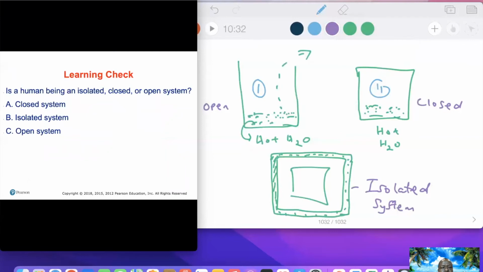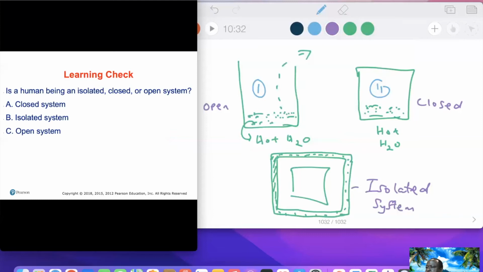Let's see the learning check here: is a human being an isolated, closed, or open system? The correct answer is an open system.